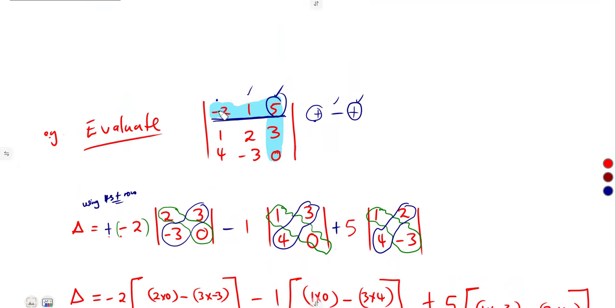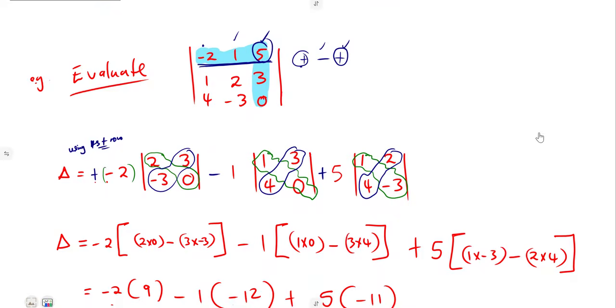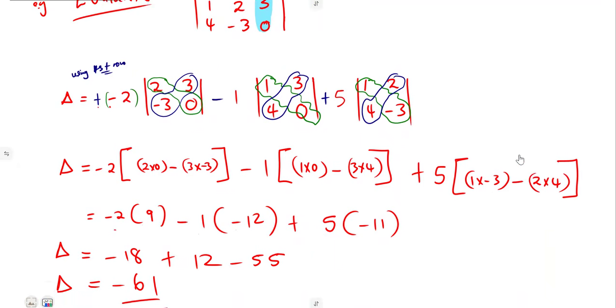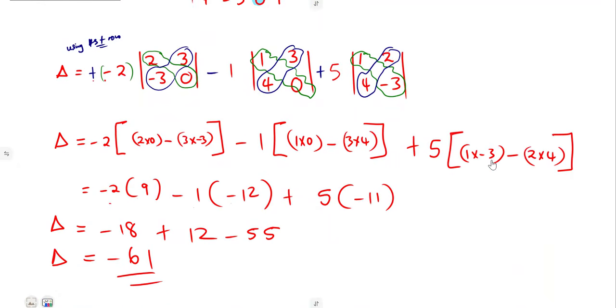Working with the columns, the first column, the second column, the third column, do that. You will obtain the same answer throughout, -61. So you can use that one as a proof, just to verify. If you have time, just try to verify this and that.